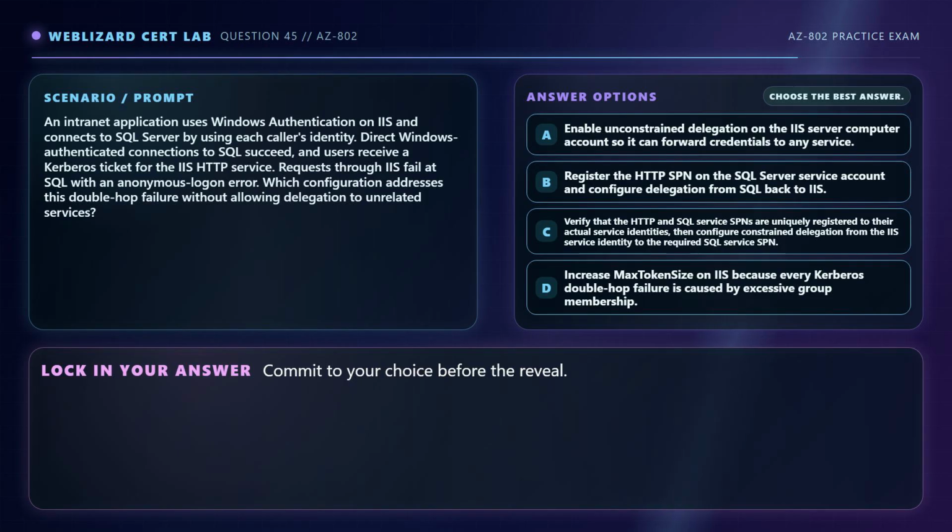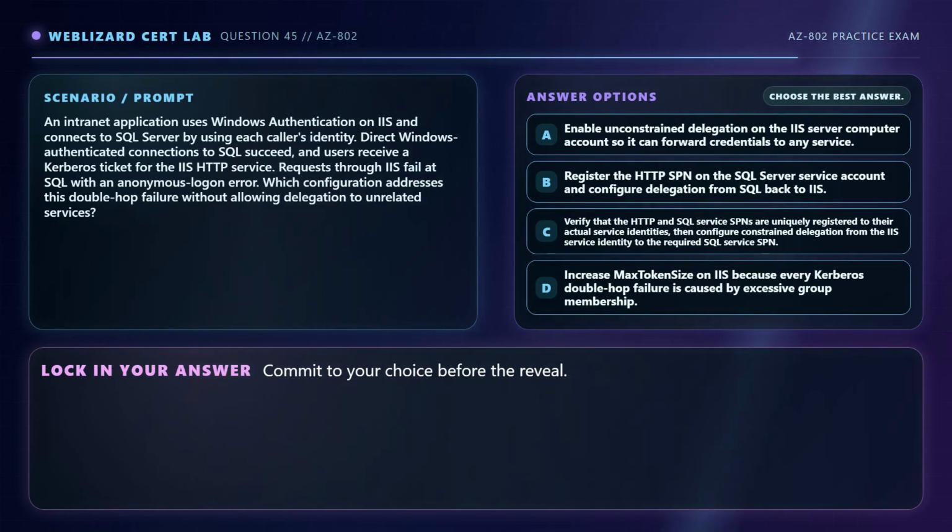Option A. Enable unconstrained delegation on the IIS server computer account so it can forward credentials to any service. Option B. Register the HTTP SPN on the SQL Server service account and configure delegation from SQL back to IIS. Option C. Verify that the HTTP and SQL Service SPNs are uniquely registered to their actual service identities.